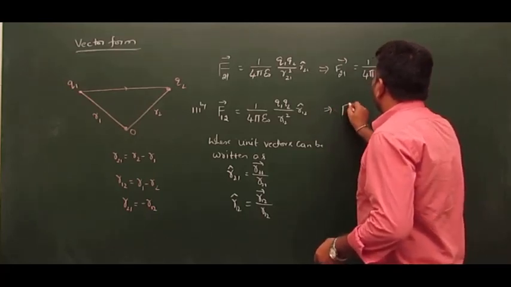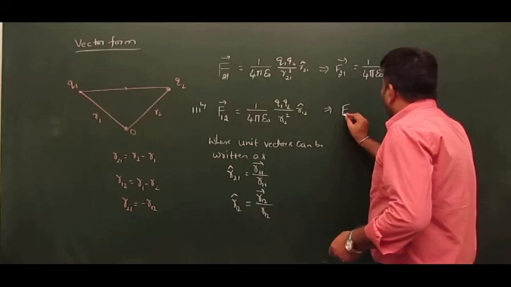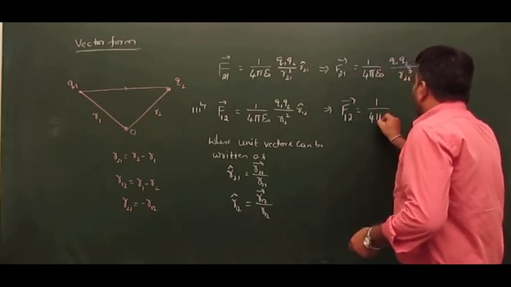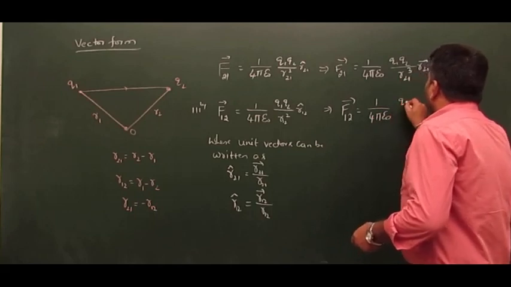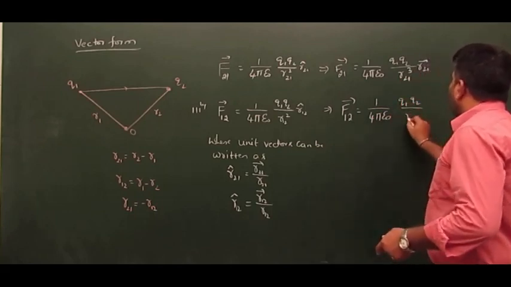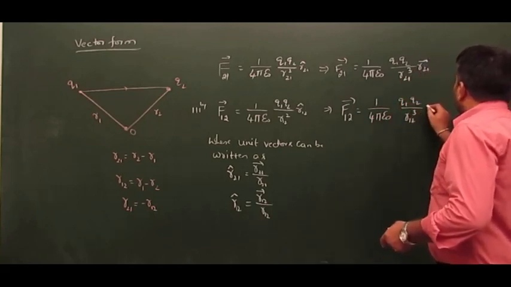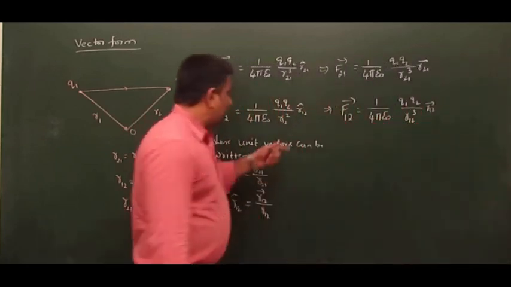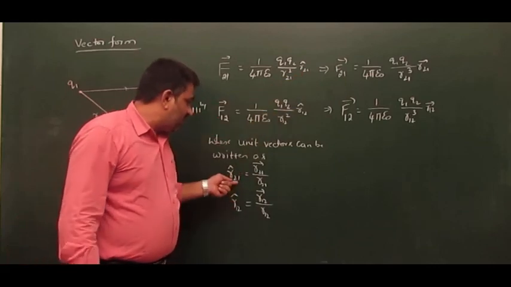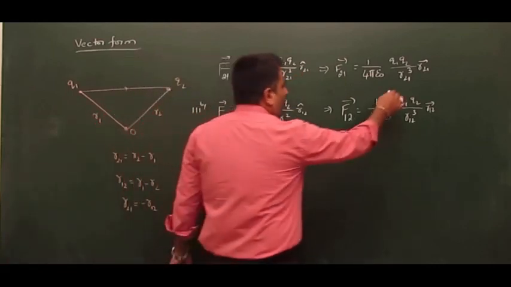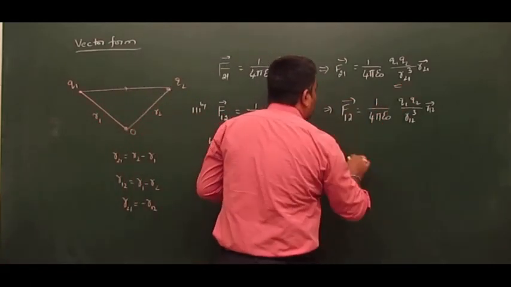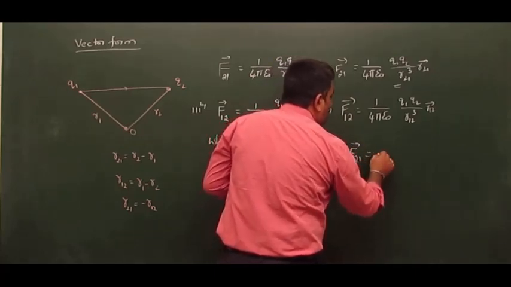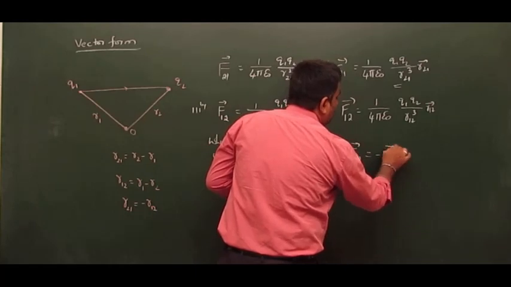Similarly, the force experienced by the first charge due to the second charge is 1 divided by 4 pi epsilon naught into Q1 into Q2 divided by R12 cube into R12 vector. Just by replacing the unit vectors, we get these values. From these two equations, we can write F21 is equal to minus F12.